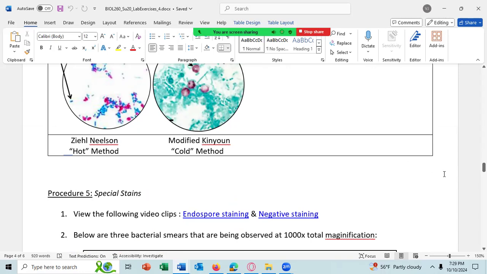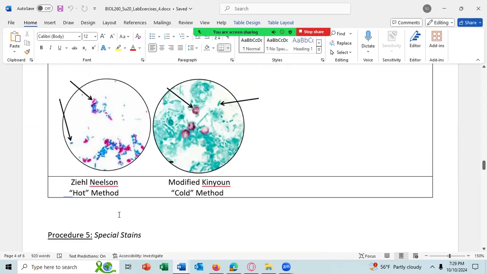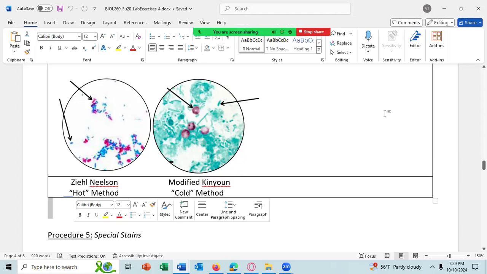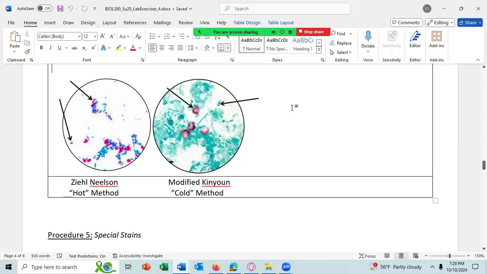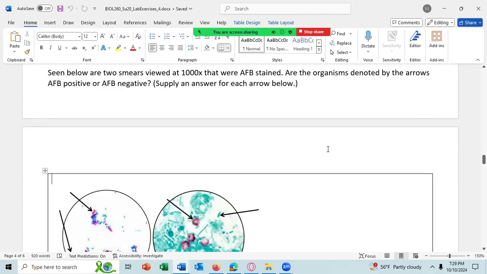State the first picture on the left, state what it was, and then the second picture on the left, state what it was, then the first arrow on the second picture, state what it is, and then the right arrow on the second picture, state what it is. You can either write that here, or you can write it by the arrow, or you can put it above the picture. You do need to answer this question though. So each arrow must be labeled, or you will get an error.